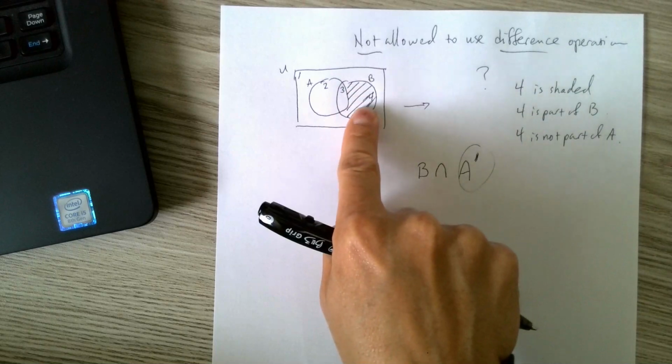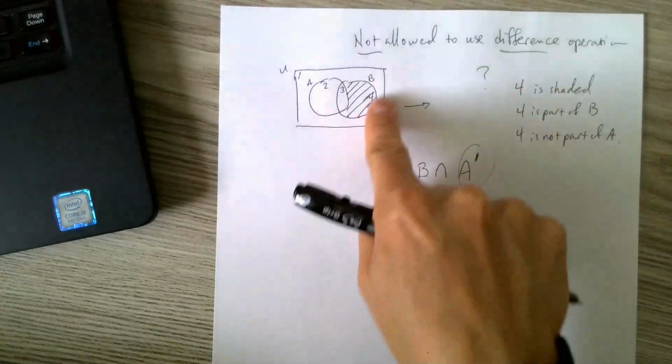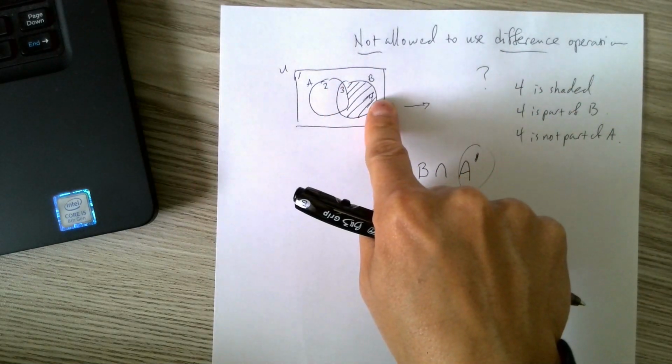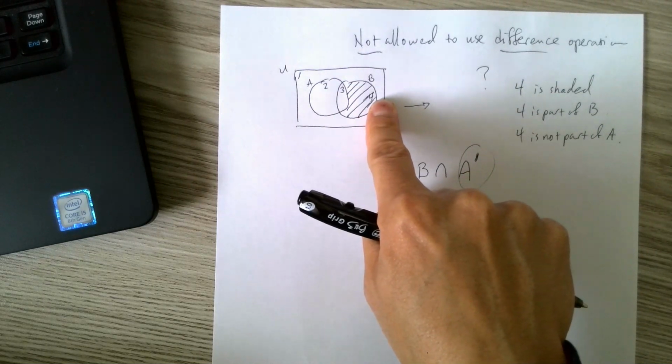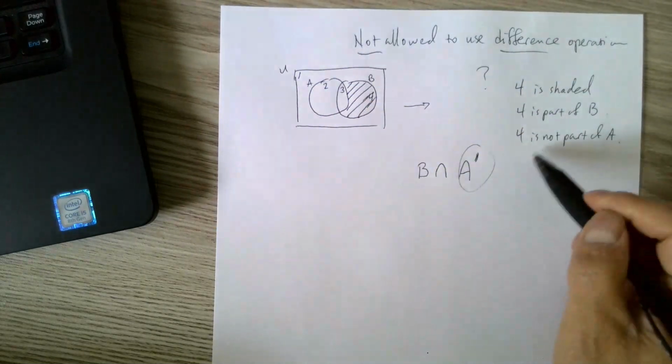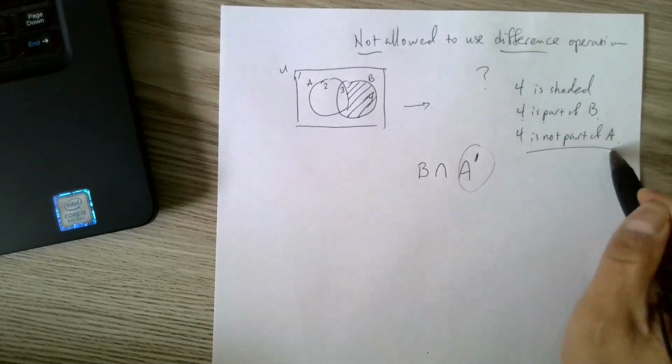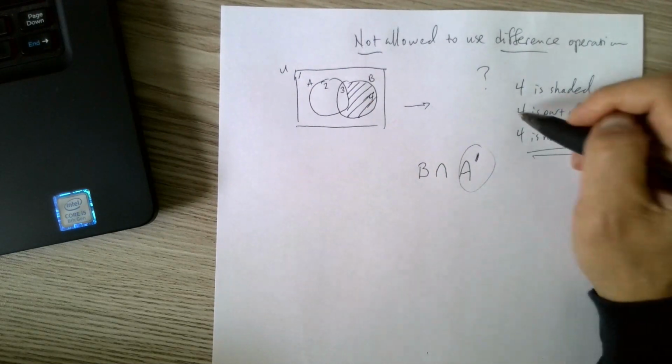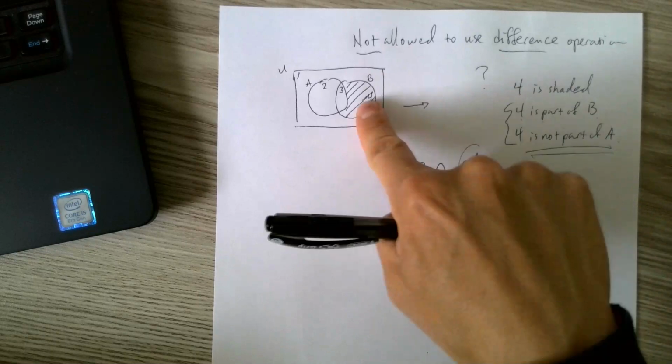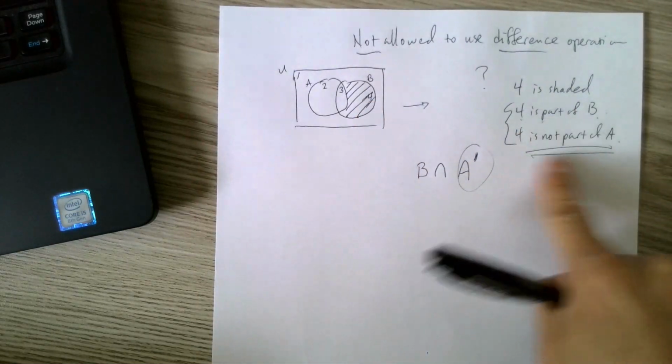So to keep this chunk, I intersect B with the stuff that is not in A. Because remember, 4 is part of B, but is also not part of A. So these are the two characteristics of region 4. Part of B, not part of A.